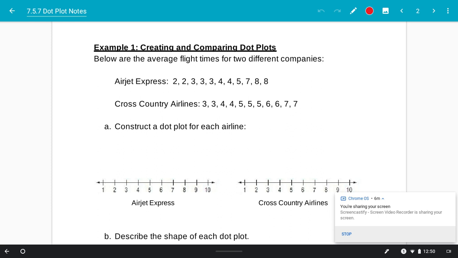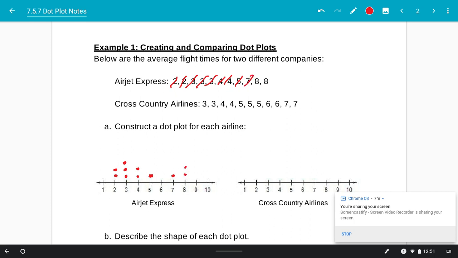So I'm going to plot 2 points at 2 because there are two-hour flights. I'm going to plot 1, 2, 3 points at 3 because there are 3 3-hour flights. We're going to plot 2 points at 4, 1 point at 5, 1 point at 7, and then 2 points at 8.